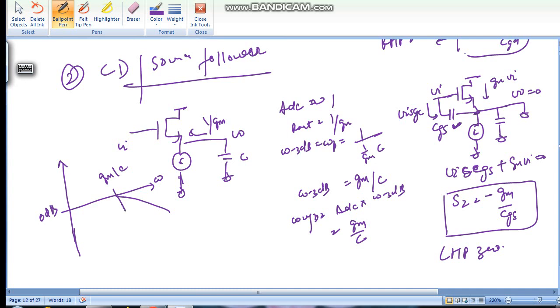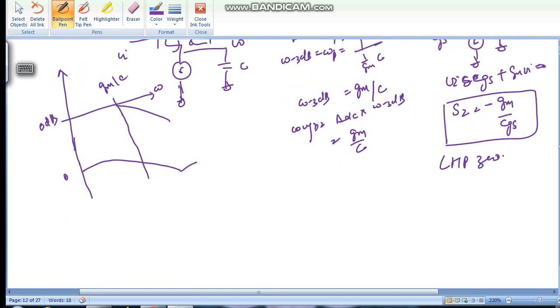Initially the phase shift will come as 0 to 90 degree because of the pole, like minus 45, minus 90.